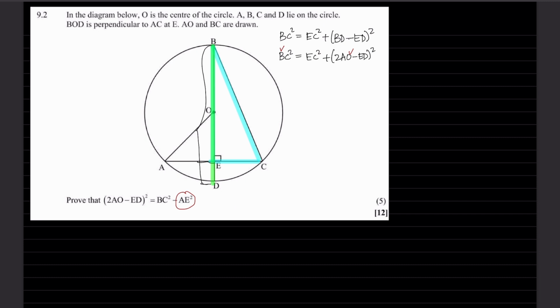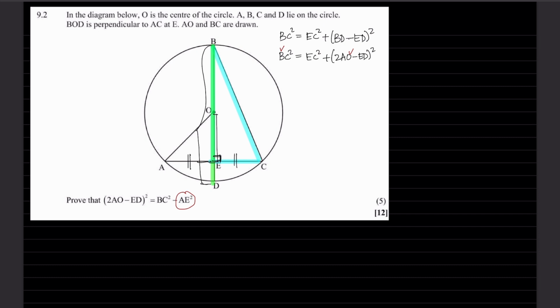Now the next thing is that since OE is a line that is drawn from the center and AC represents a chord, and we are shown that it's perpendicular, it means that that chord is going to be bisected, meaning that AE is going to equal EC.